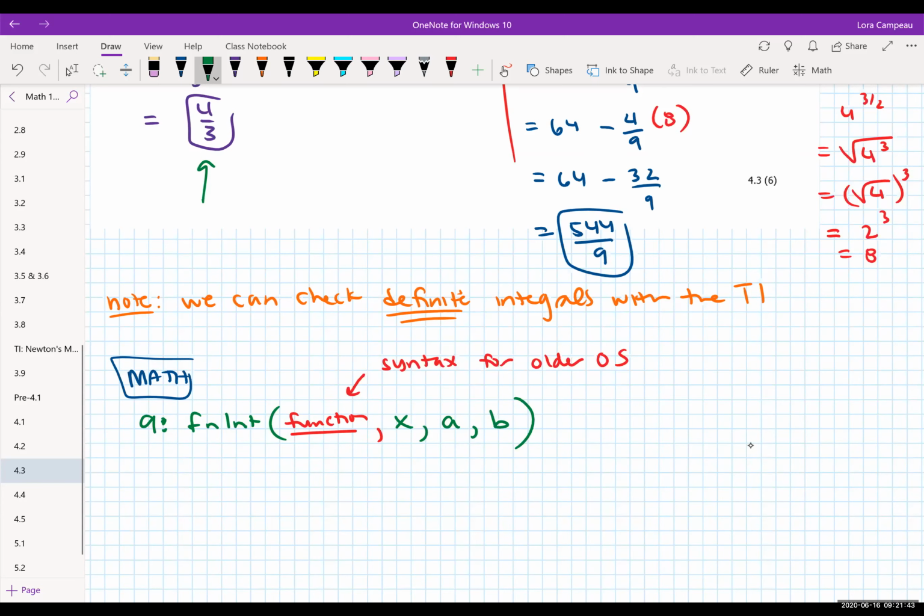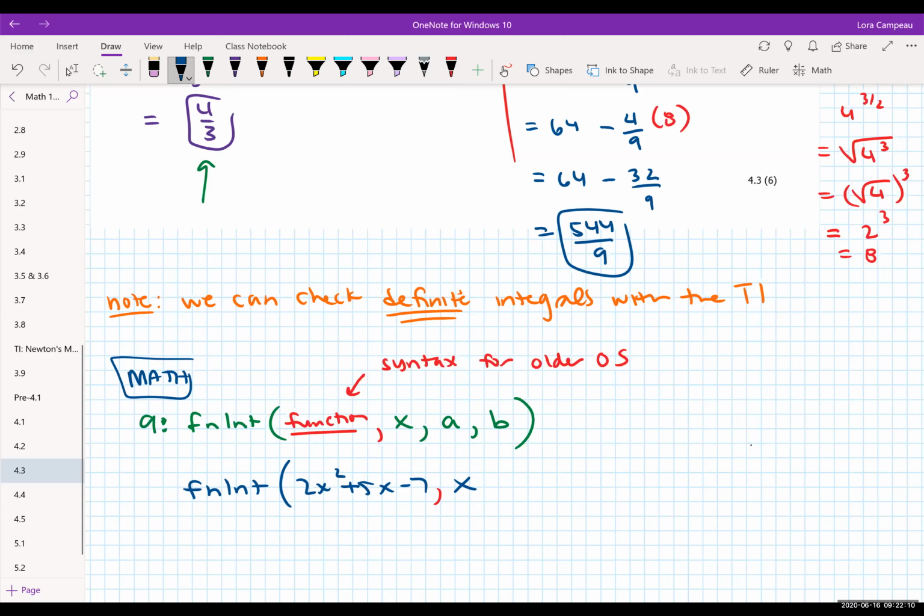So for instance, if we were to see this on our TI-83, this would show up on the home screen. The function that I would show is 2x squared plus 5x minus 7. Then I would use a comma. Then I typed in x for the variable, so I have to say it's with respect to x.